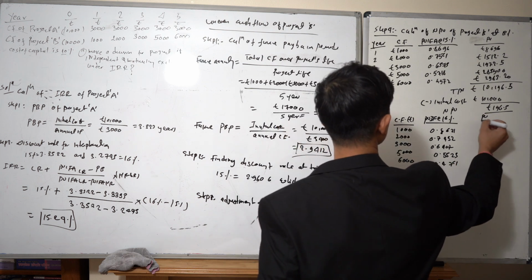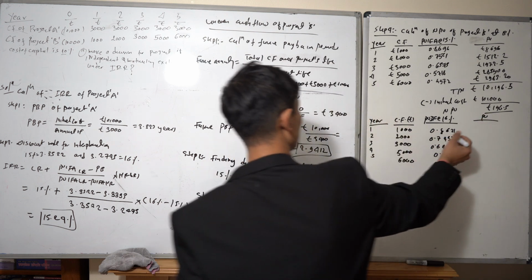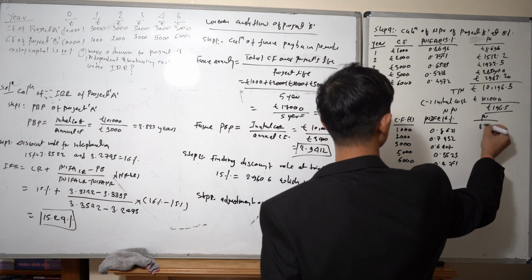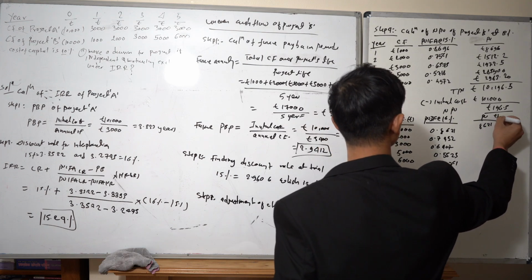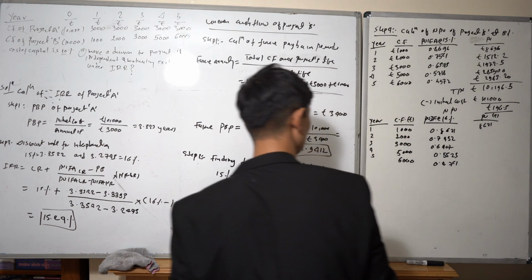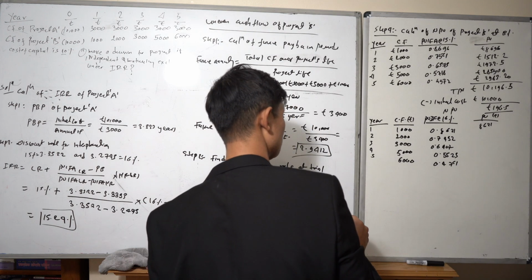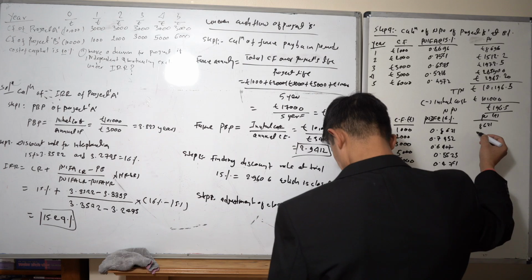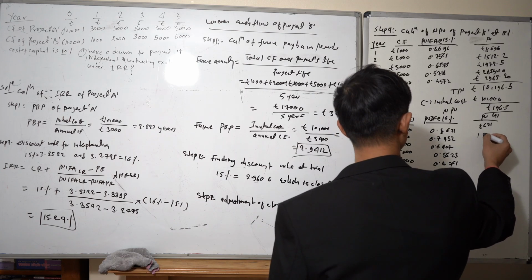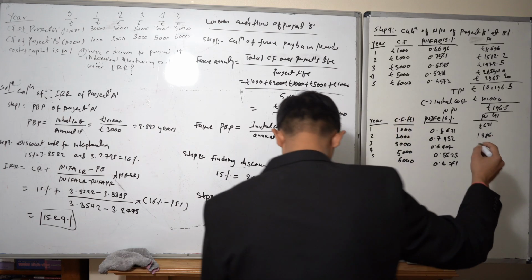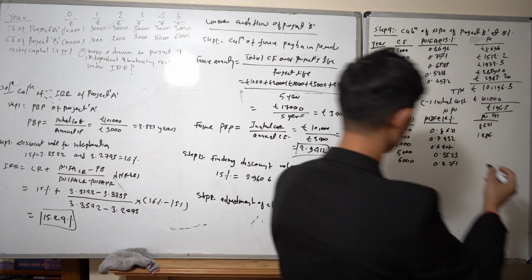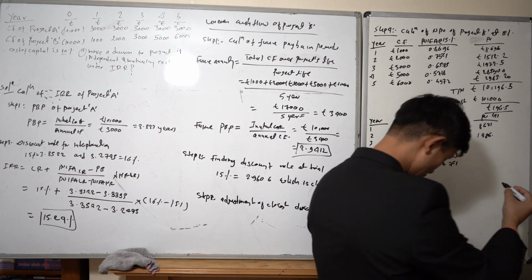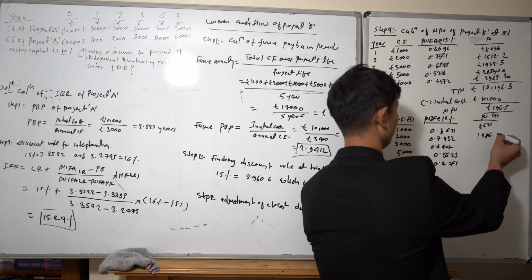Then we get here present value. If you multiply 1000 by 0.8621, you will get 862.1. This is in pounds. 2000 by 0.7432, you get 1486.4.